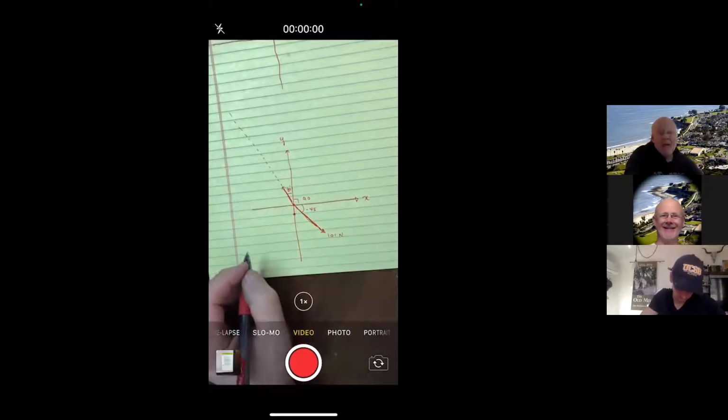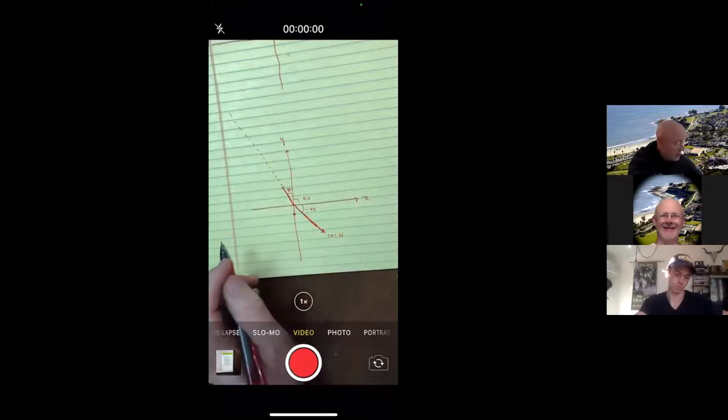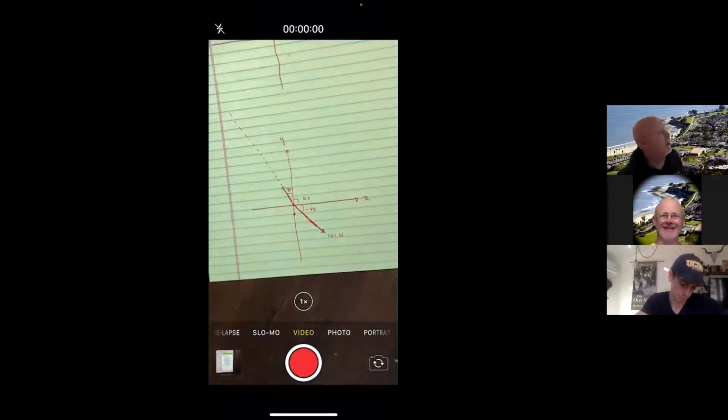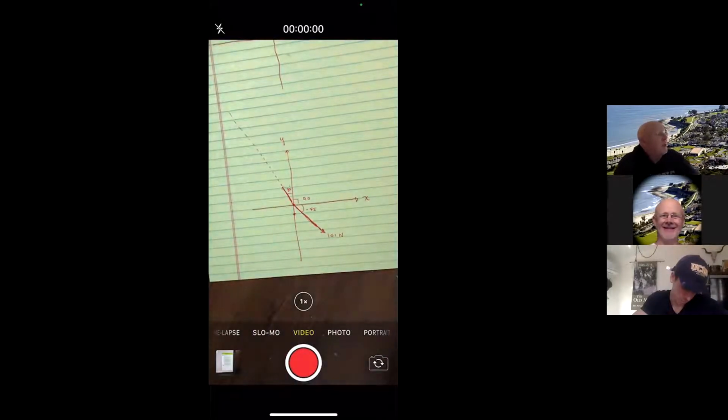Okay. And that's something else that's new here, maybe, is that the units for force in the metric system are newtons. So 101 newtons at an angle of 315, or I like to call it a negative 45, but either way.